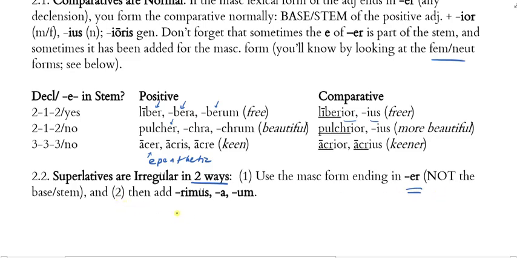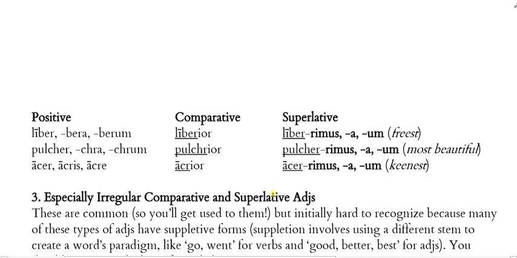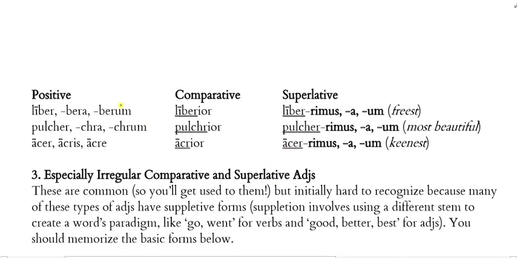And then secondly, instead of adding issimus, we're going to add rimus, rima, rimum to the ER. So here are examples again. And I've given you the positive and the comparative here, liber, liberior, and then we have liber, right? We're taking the ER form, liber, and then adding rimus. So I'm going to end up with 2 R's here when all is said and done.